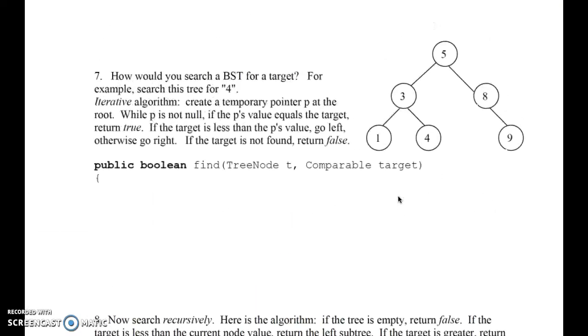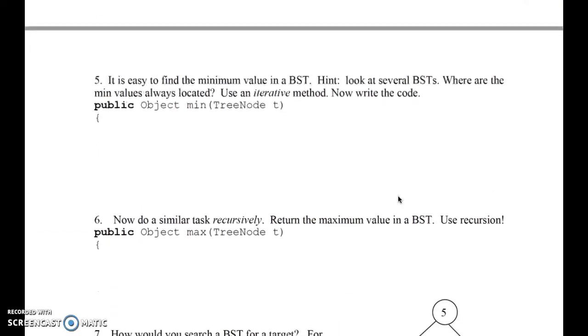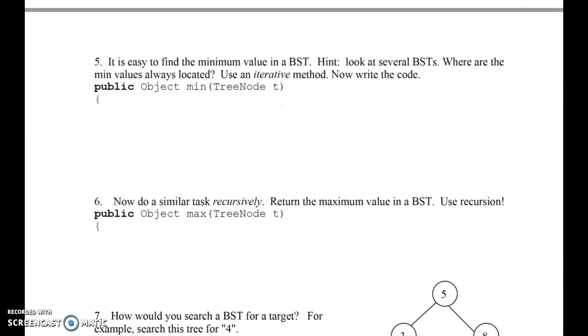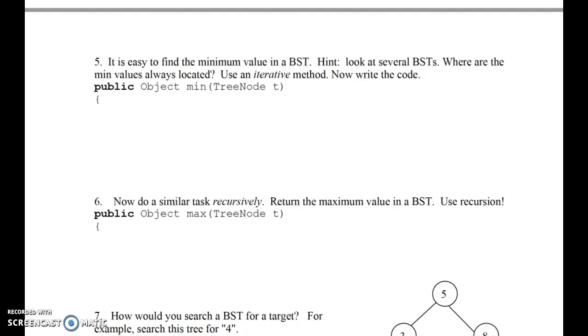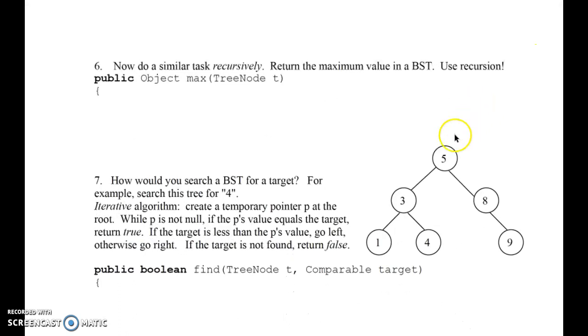Okay, so finding the min, if you just look at several examples, we had this one, and so indeed finding the min means finding the lowest letter in this case. So if it's a numeric example, it's finding the smallest number.